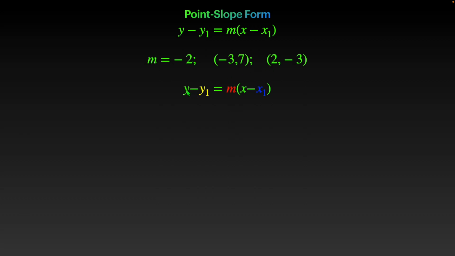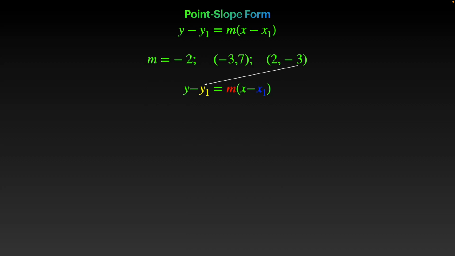So we have y minus y sub 1 equals m times, in parentheses, x minus x sub 1. M is -2, and for the point, I'm going to use this point here with smaller numbers. So x sub 1 is 2, and y sub 1 is -3.